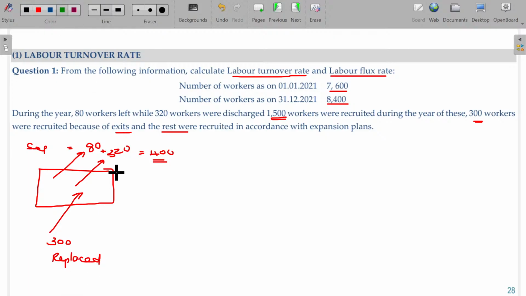And they had some expansion. Because of the expansion, they needed additional employees, 1,200 new employees for the expansion purpose. Anyhow, the overall employees joined in this organization are 1,500.